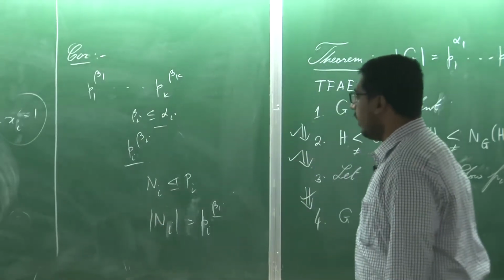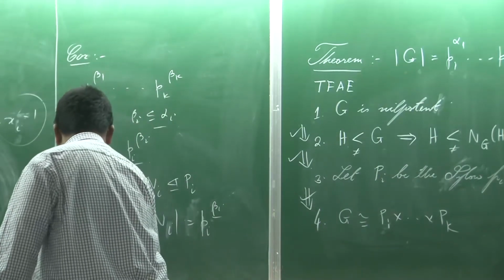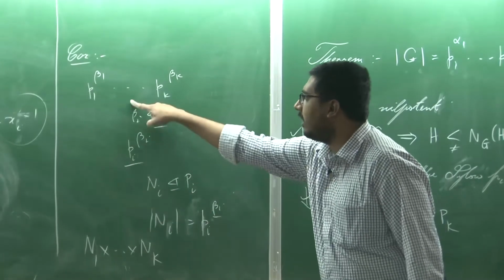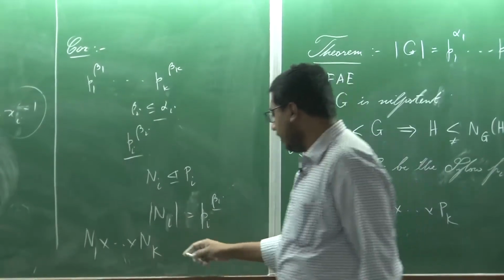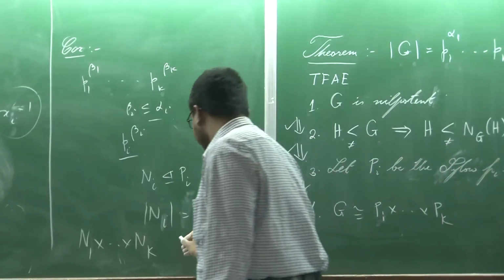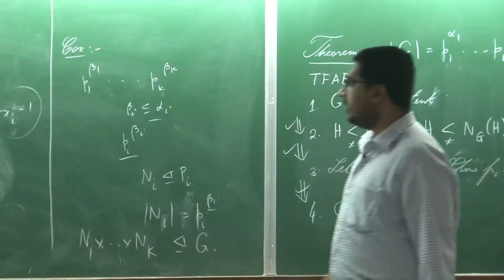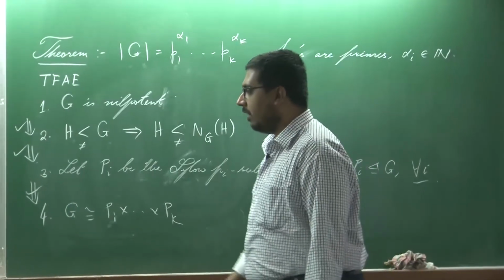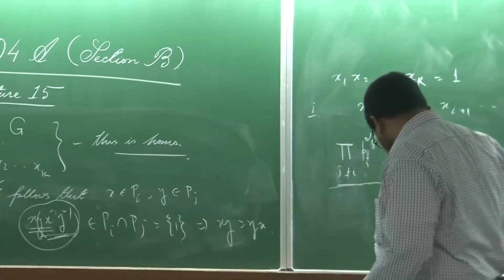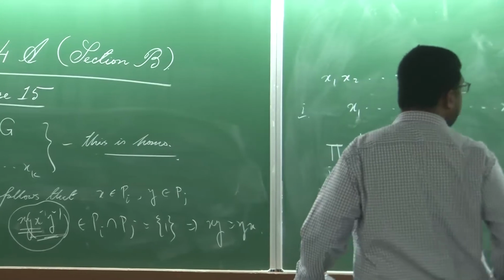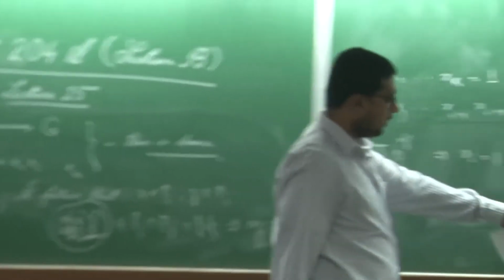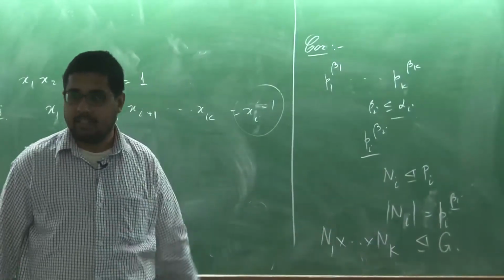Now if we take this normal subgroup, it has order exactly the same as this divisor, and of course since each Pi is normal in G and each Ni is normal in Pi, this has to be normal in G. So thus we see that some stronger version of the converse of Lagrange's theorem holds here, which shows that for every divisor of the order of G, we do have a subgroup, in fact a normal subgroup, having that order.